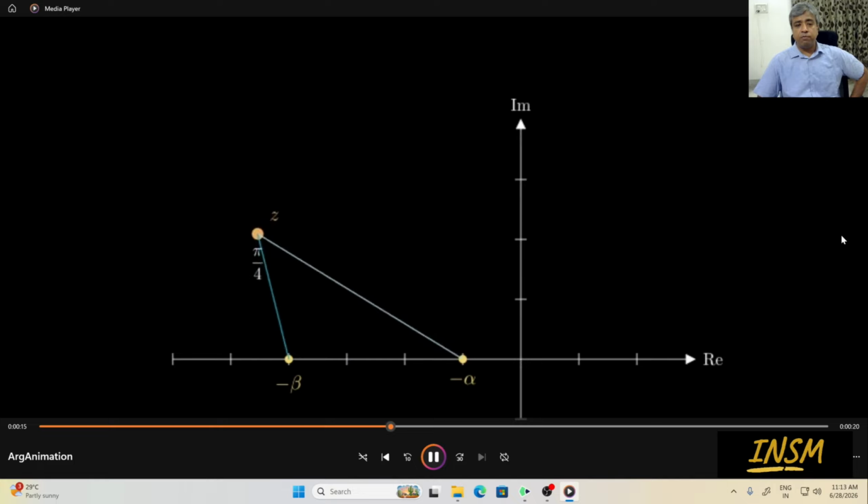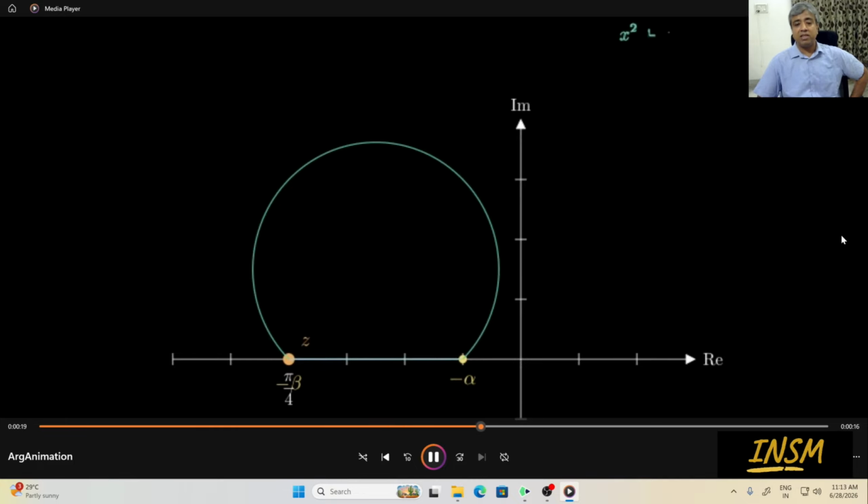So if z moves such that it always subtends angle pi by 4, it will form the arc of this circle. Now there is a given circle, and (minus alpha, 0) and (minus beta, 0) satisfy it, so we put y equal to 0 and find its roots.